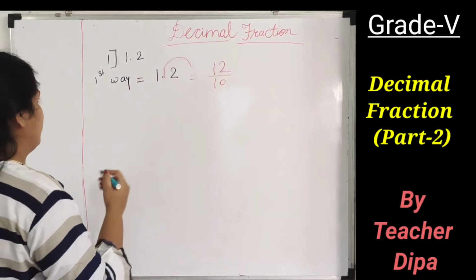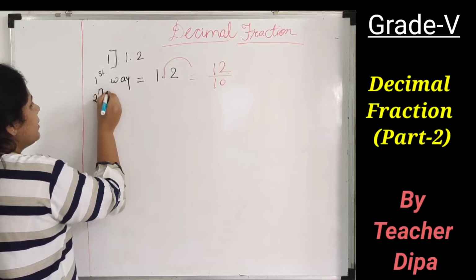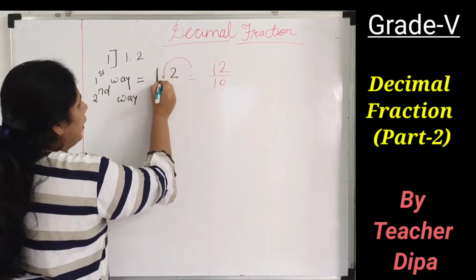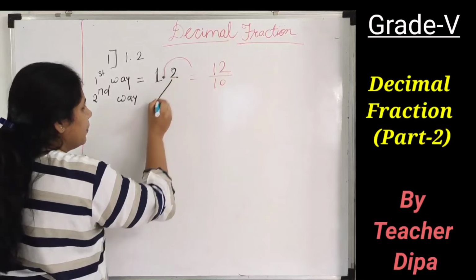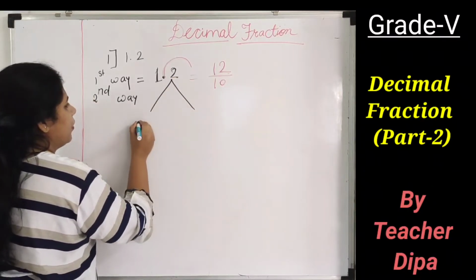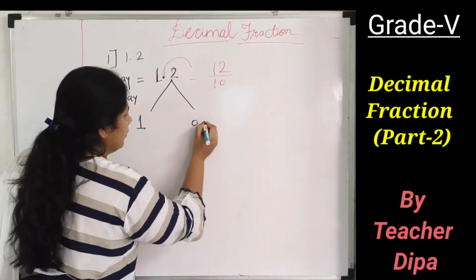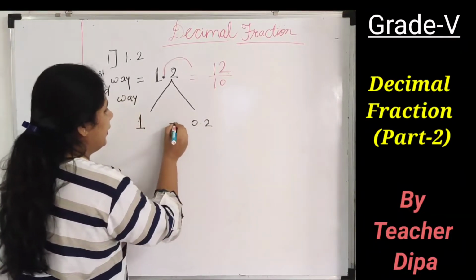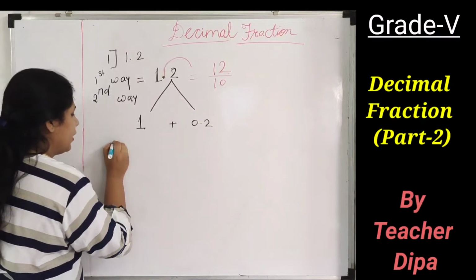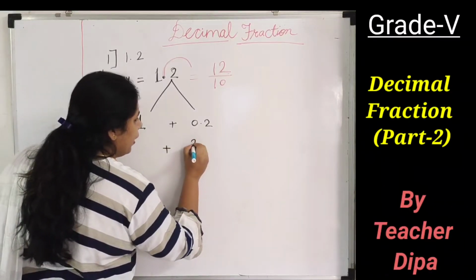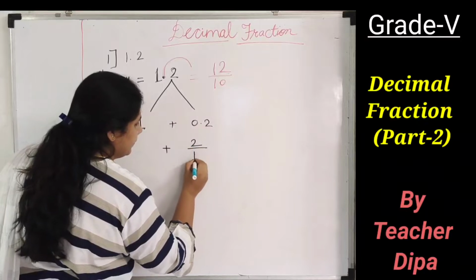Now the second way. In the second way, the number 1.2 will be as it is. We can split and write this number in this form. 1 is a whole number and 0.2 is added to that. So this 1 I am writing as it is, and this 0.2 I can write in this way.